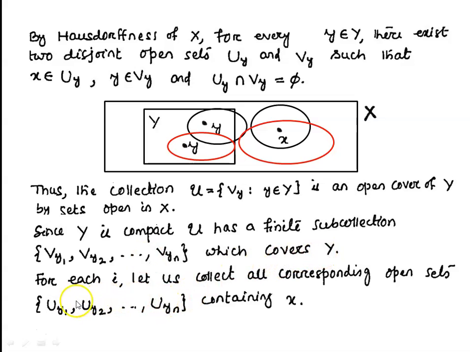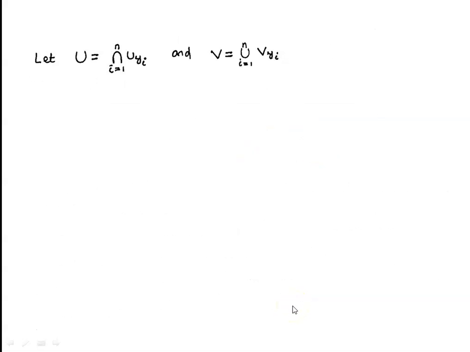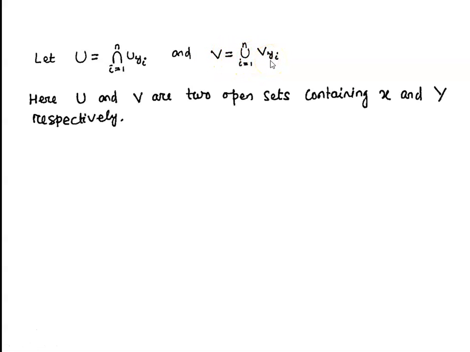And if we take the intersection of all these n open sets Uy's, that will contain x. Now let U be the intersection of i equals 1 to n of Uyi, and V be the union of i equals 1 to n of Vyi.